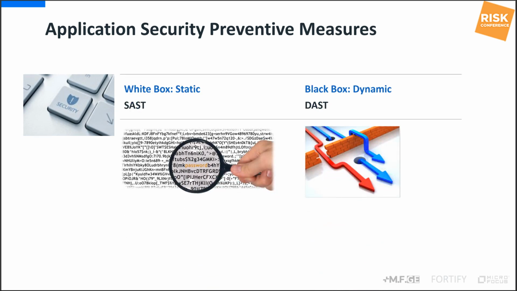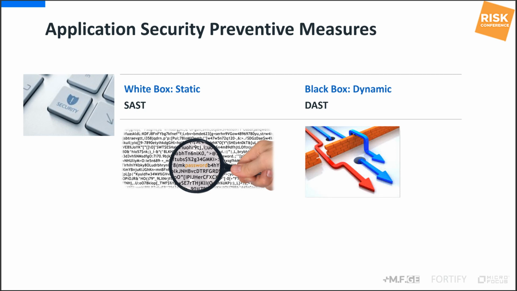So what are we doing in general? There are two main approaches, which are called white box testing and black box testing. Of course, there is some kind of combination or mix, which is gray box testing. I'll talk about it later on. White box means that we have access to the source code of the application, and we can scan it to find any possible issues or vulnerabilities within the code.